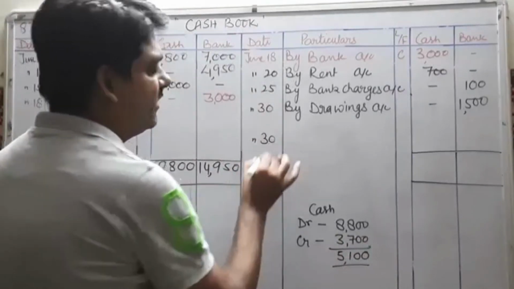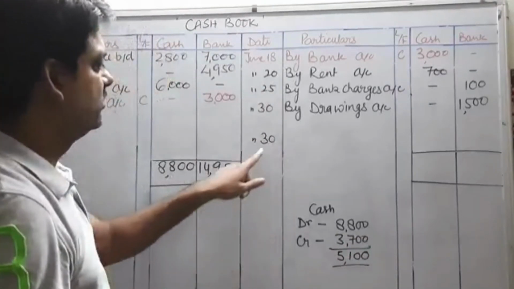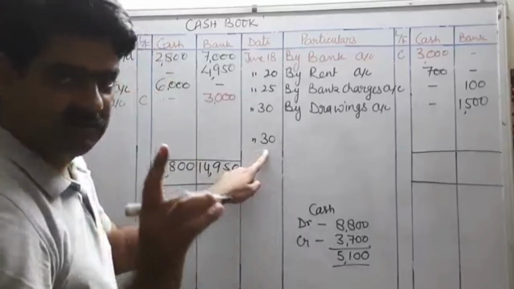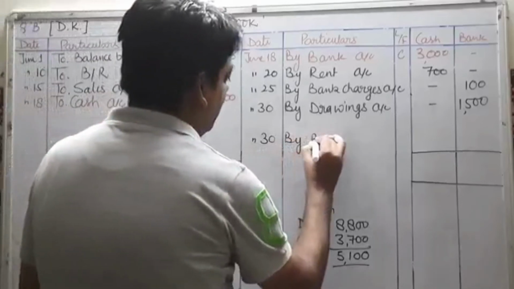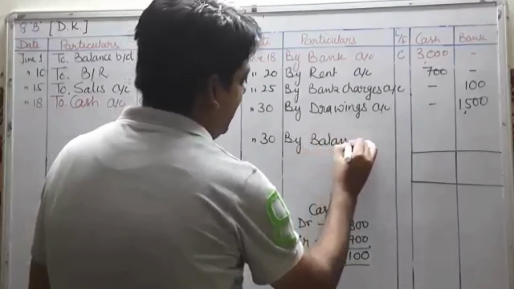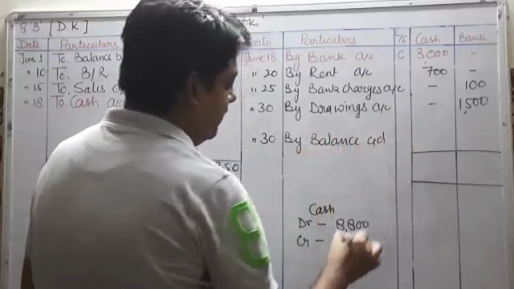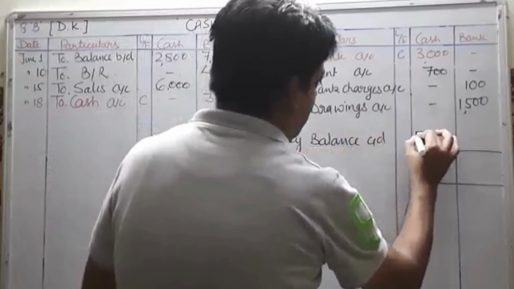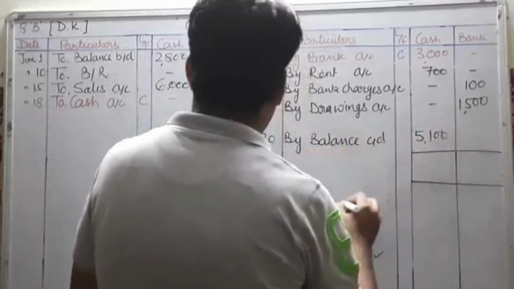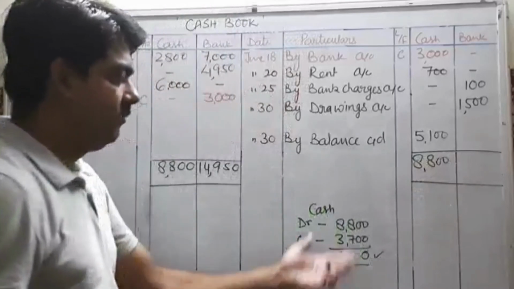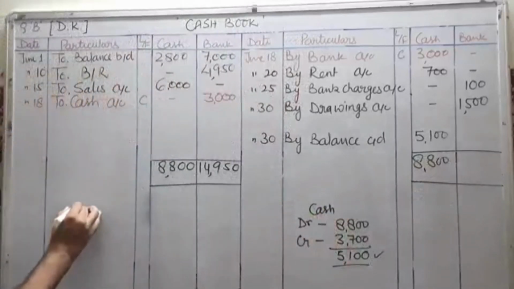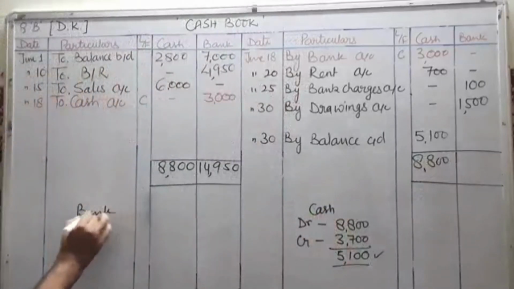So June is having 30 days. So closing balance will be calculated on 30th June, and closing balance of cash will come, that is by balance carried down, that will come 5,100, and total will come 8,800. Now come to bank. This is bank.